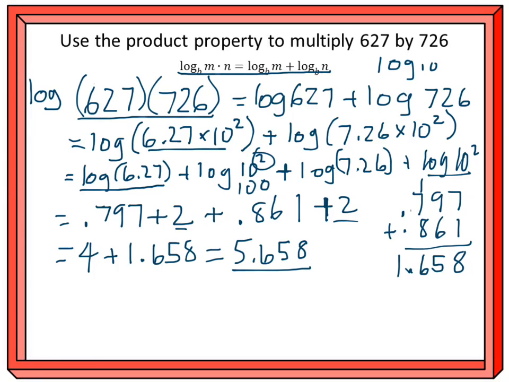This is an answer to a logarithm, which means that it is an exponent. It's an exponent on what number? It's an exponent on 10 to the 5.658 power. Okay, so we're almost there. But we're about to run into another problem.